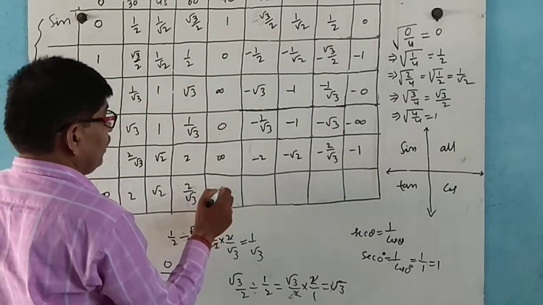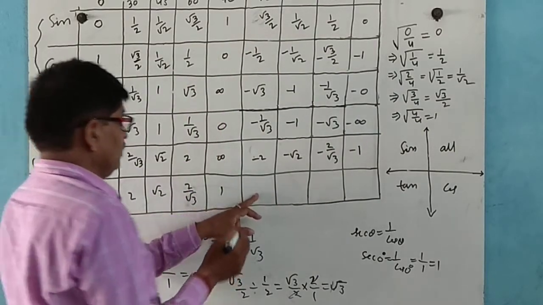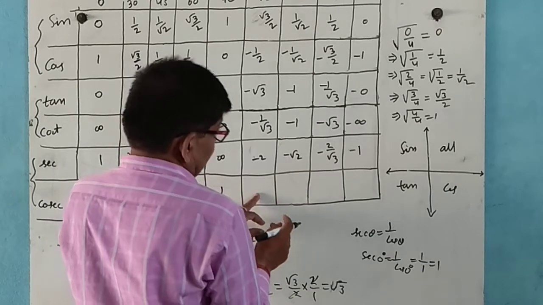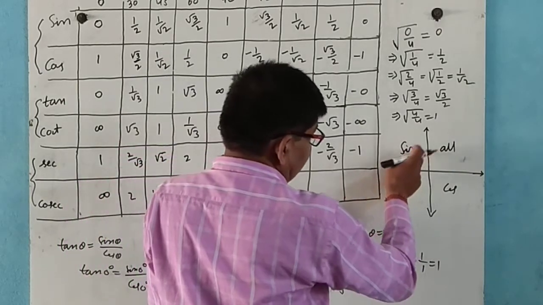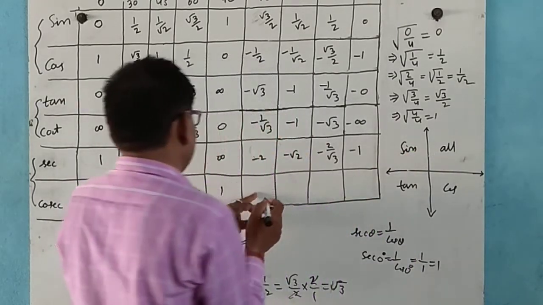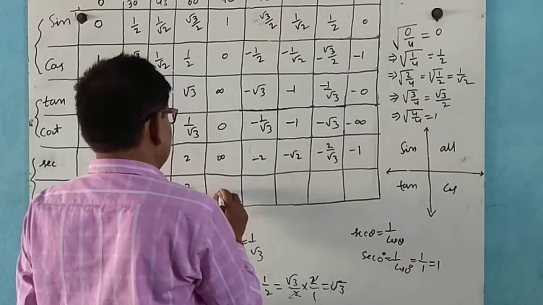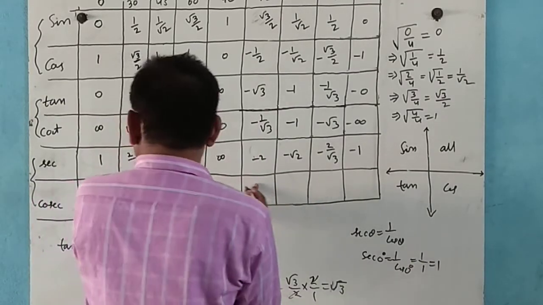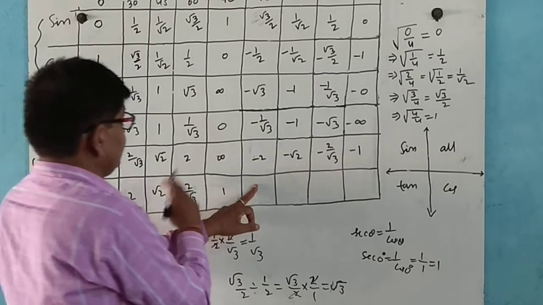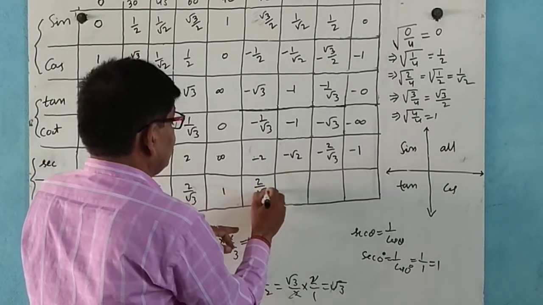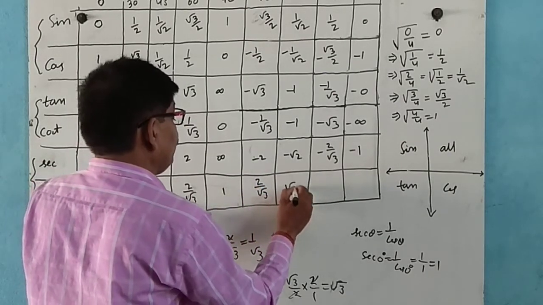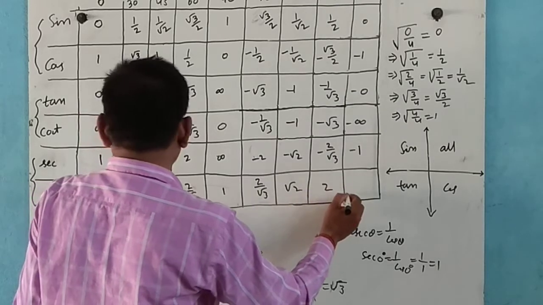Here, transpose. In the second quadrant, sine and cosec are positive, so this is positive, this is 1. At 120 degrees, transposing this gives 2 by root 3, root 2, 2.